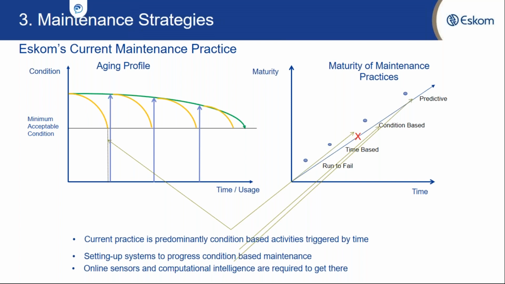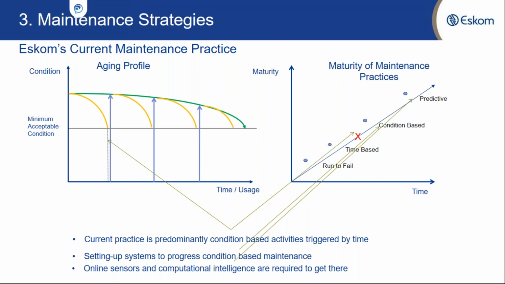And what we are currently busy with is setting up our systems to progress to a full condition-based maintenance. This means we are creating data fields in our computerized maintenance management systems so that those inspection and test results can be used to trigger maintenance.